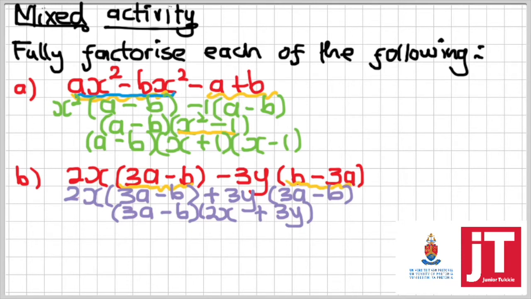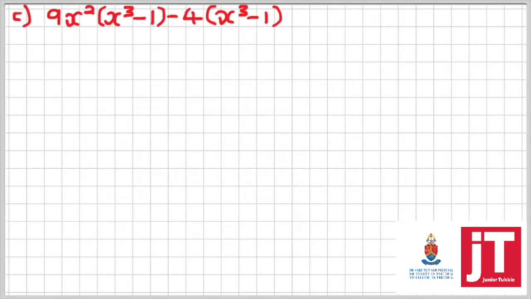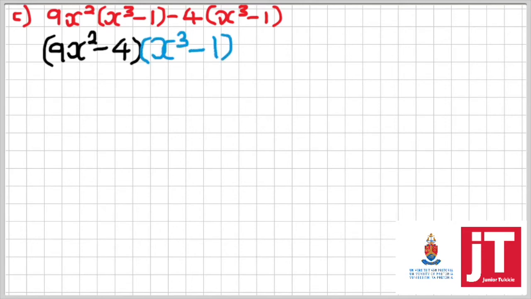We move on to part C. In part C, you're going to factorize it, and that's going to give you 9x to the power 2 minus 4 as the first factor, and the second factor will be x cubed minus 1. Again, immediately recognize that there's a difference of two squares, and there's a difference of two cubes.